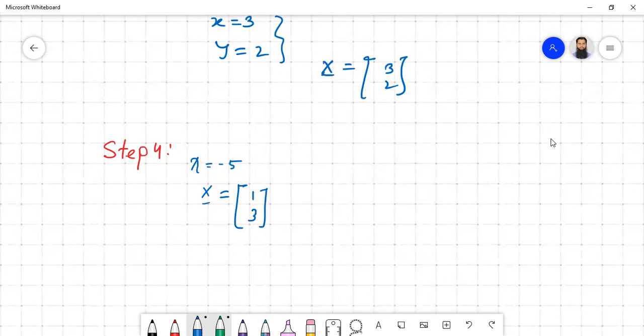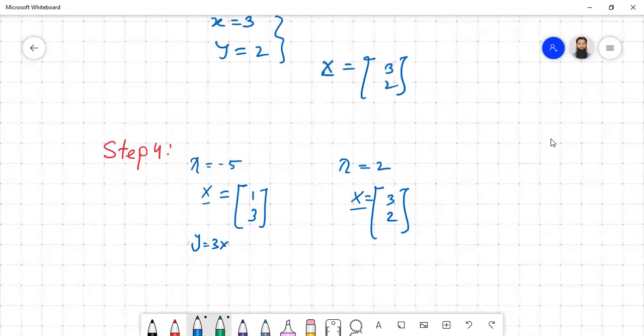Okay, and for lambda equal to 2, we have a vector that is 3, 2. You can use either the equation we figured out, y equal to 3x, or this vector to plot the line. Similarly, y equal to 2 by 3 x. You can also use this equation or this vector, whatever you prefer. So it's up to you.